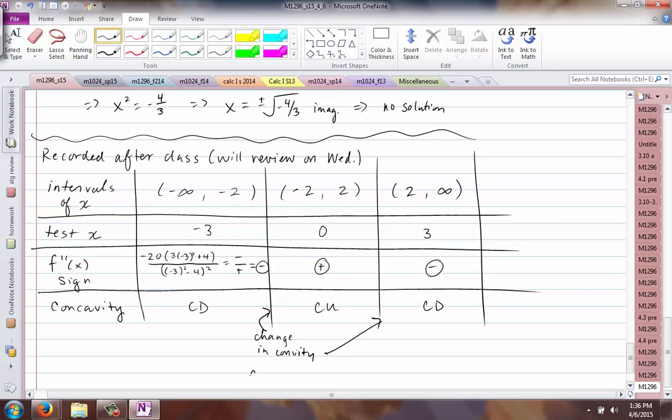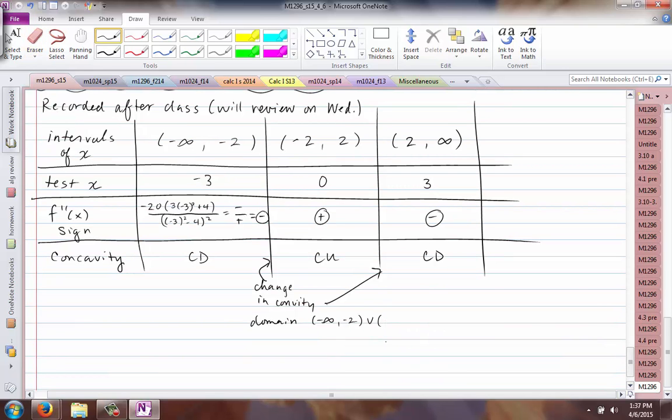But remember our domain and other things we've encountered in this problem: we don't have a point with x equals negative 2 or 2 as a coordinate. It's not defined there.